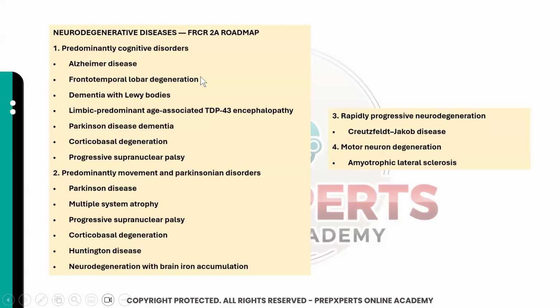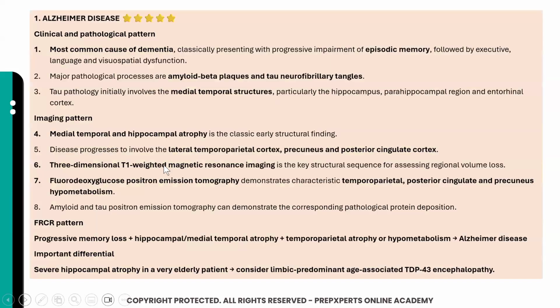Alzheimer's, frontotemporal lobar degeneration, dementia with Lewy bodies, limbic predominant age-associated TDP-43 encephalopathy, we can call it LATE. Parkinson disease dementia, corticobasal degeneration, progressive supranuclear palsy. And then movement and Parkinson disorders: Parkinson disease, multiple system atrophy, progressive supranuclear palsy, corticobasal degeneration, again coming up here and here, Huntington disease, and neurodegeneration due to brain iron accumulation. I have already shown you that, but we'll revise that here as well.